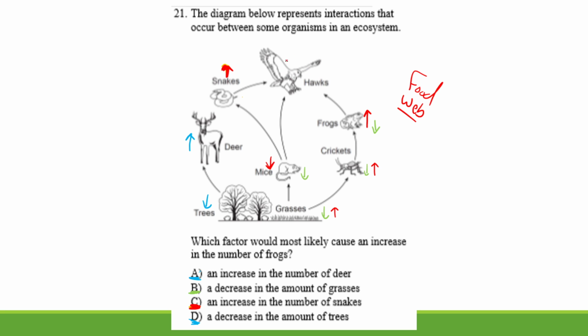Right, it also means that these hawks have another food source. There's going to be more snakes for them to eat, so they can focus more on the snakes than on the frogs, and so the frogs have a chance to grow a little bit in population.